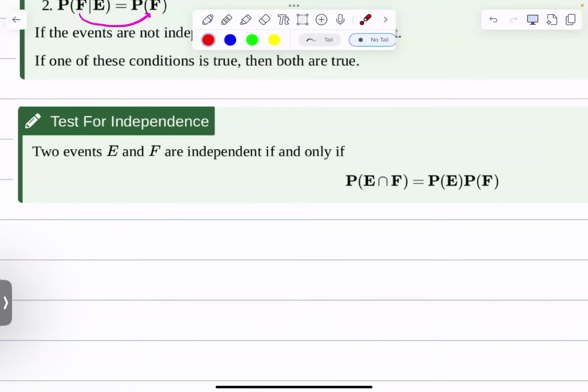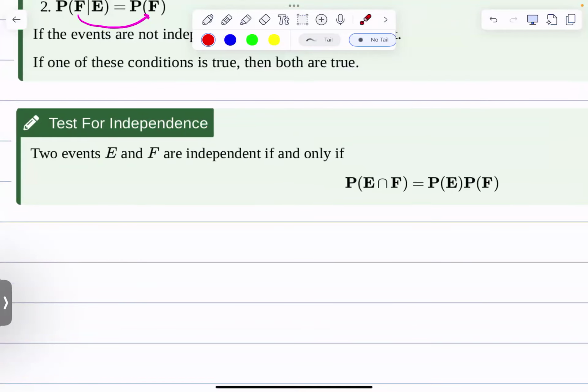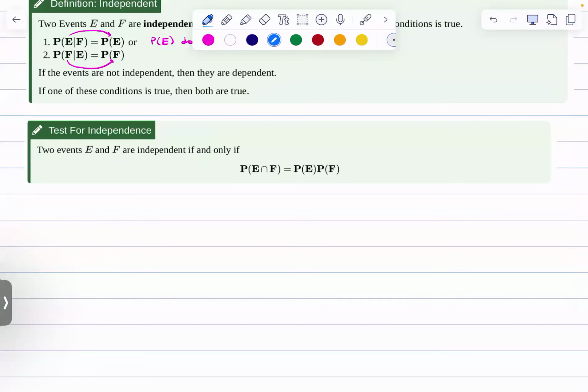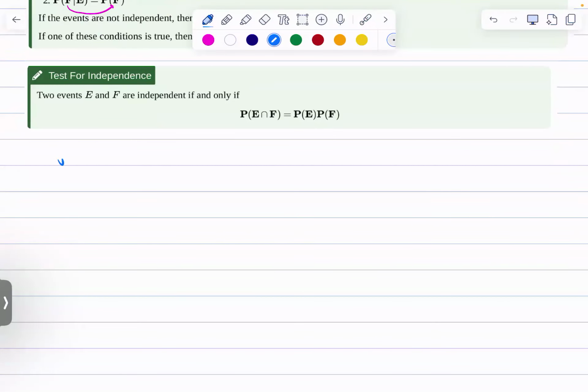Now, this is the one that everyone loves to abuse, this formula. Two events E and F are independent if and only if the probability of E and F is the same as the probability of E times the probability of F. Versus the probability of E given F, right?